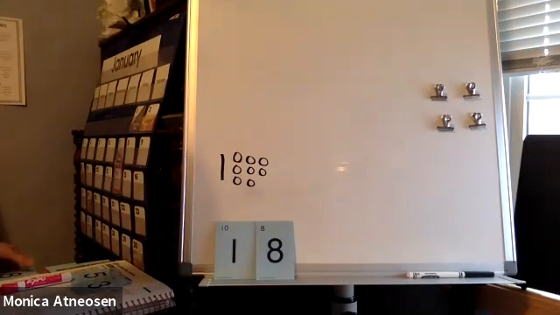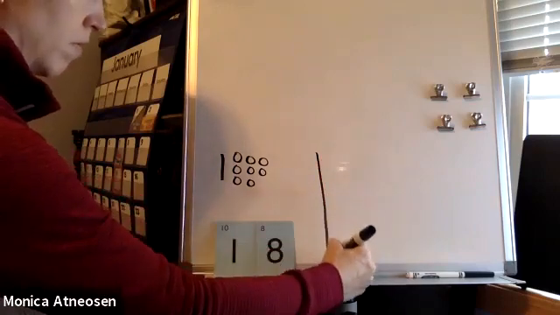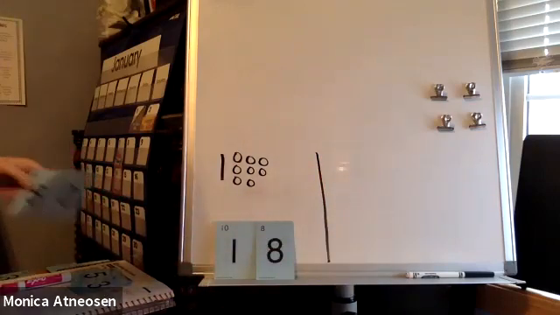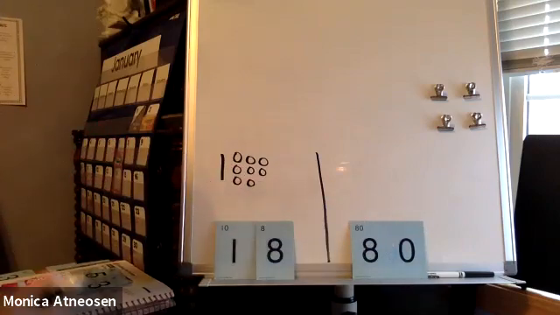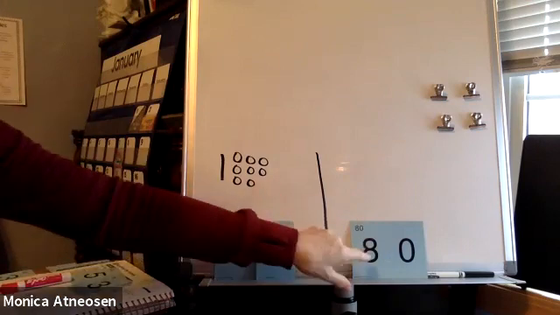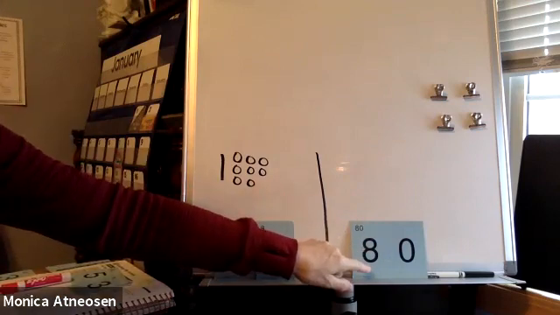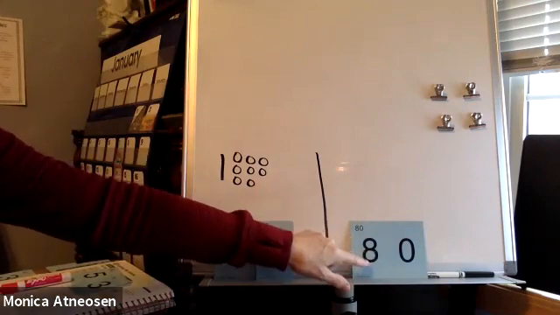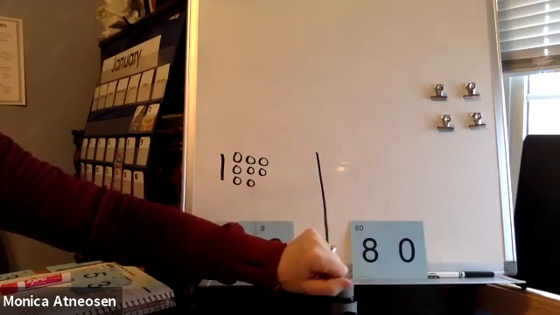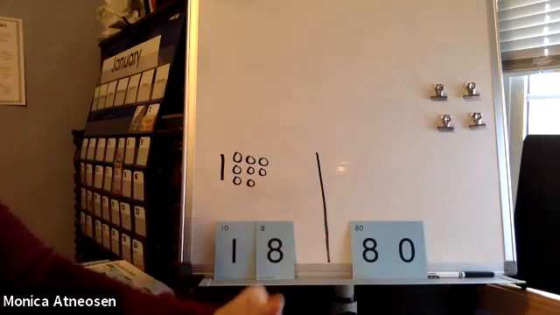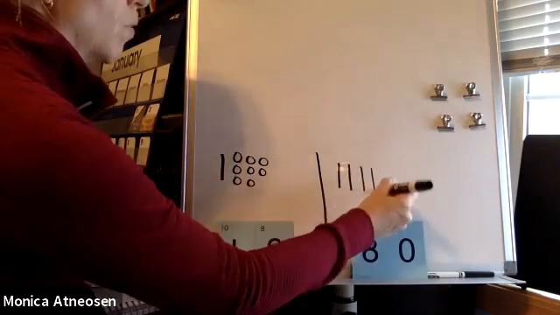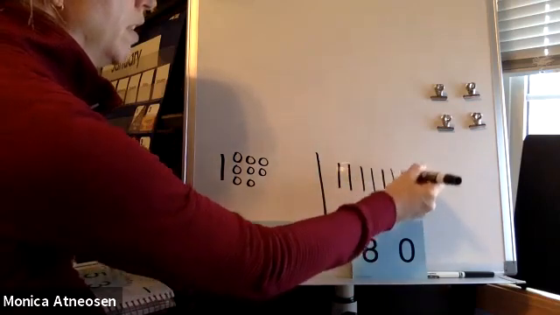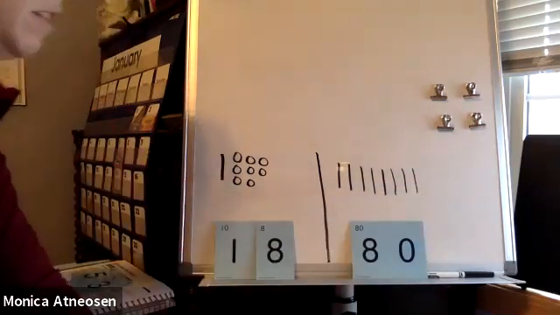Now I'm going to draw a line here, and you can do that on your board. And I'm going to put a different one over here that can make this confusing. I want to draw the 80. I'm going to look at this two ways. I can go 10, 20, 30, 40, 50, 60, 70, 80.